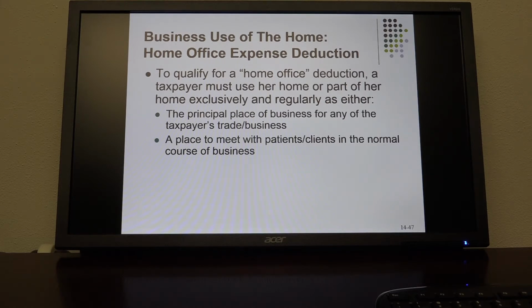And so, first, the taxpayer must use the home or part of the home exclusively and regularly as either their principal place of business for any of the taxpayer's trade or business, or a place to meet with patients, clients in the normal course of business. So one or the other.